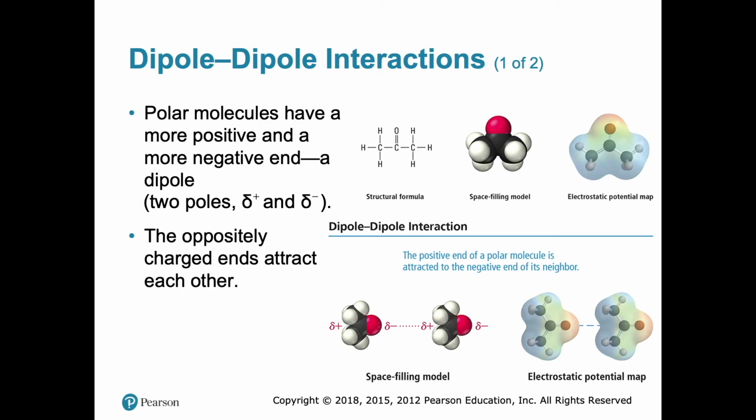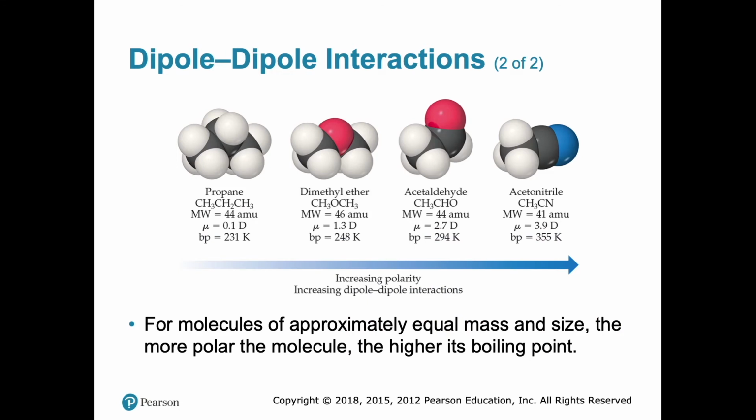Whew, good stuff. So we can look at these molecules here. Remember propane? Here's propane, and we saw propane 2 slides ago, and it had a boiling point of 231 Kelvin.